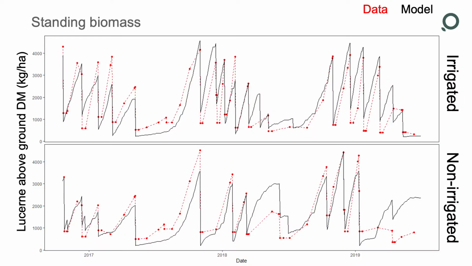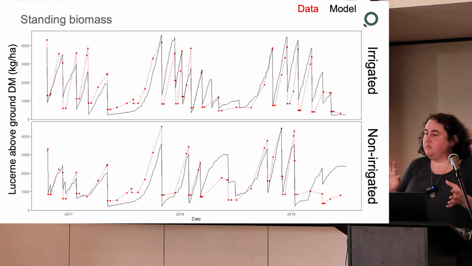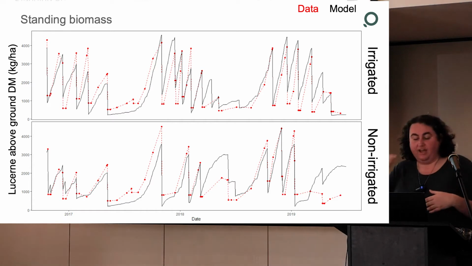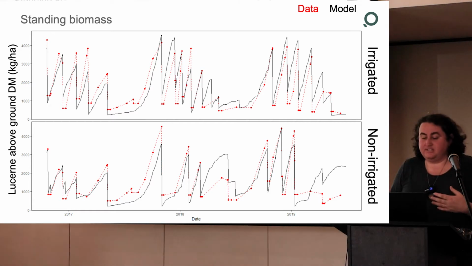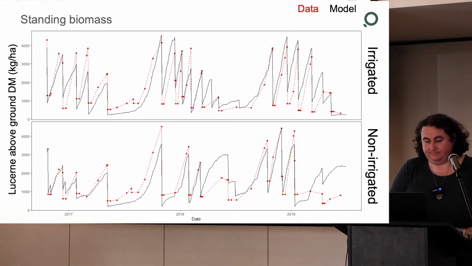So how well did the model perform? Looking at standing biomass over the 3 years, generally above ground biomass for both the irrigated at the top panel and non-irrigated at the lower panel performed reasonably well. We're able to reproduce the seasonal dynamics. There are some questions around whether it gets quite right the spring rapid growth and the autumn remobilization processes, but generally we get a pretty good performance to the data.